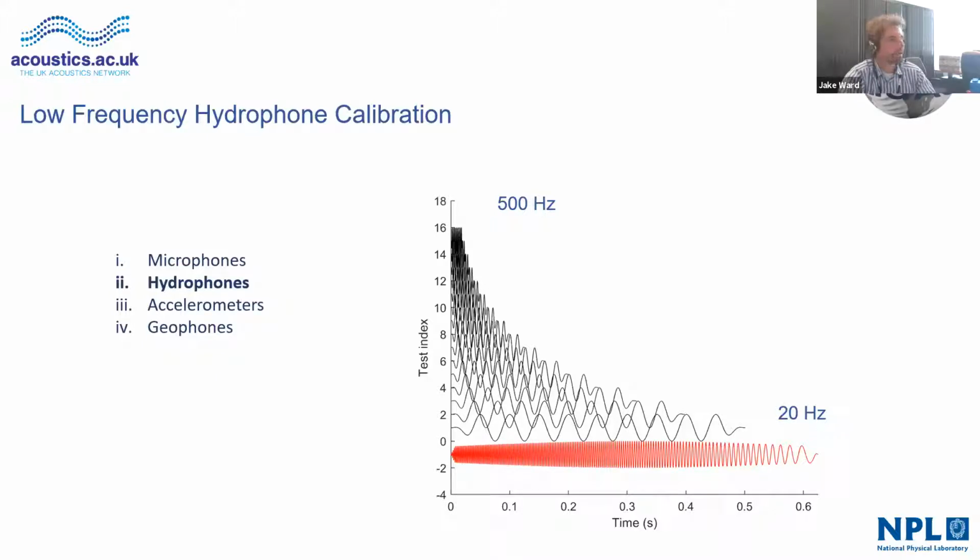So it's an interesting problem to calibrate hydrophones at these frequencies, because fundamentally the wavelengths are extremely long, and so we can't use the techniques of using tanks to transmit and receive sound. We have to come up with different approaches to calibrating hydrophones at low frequency.